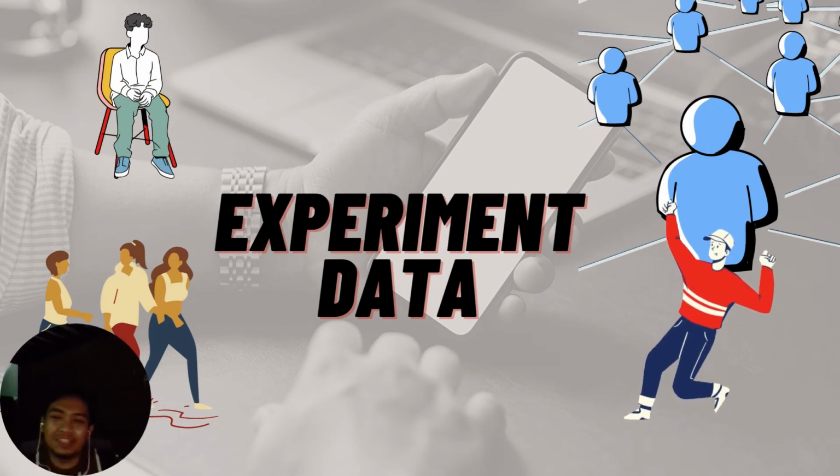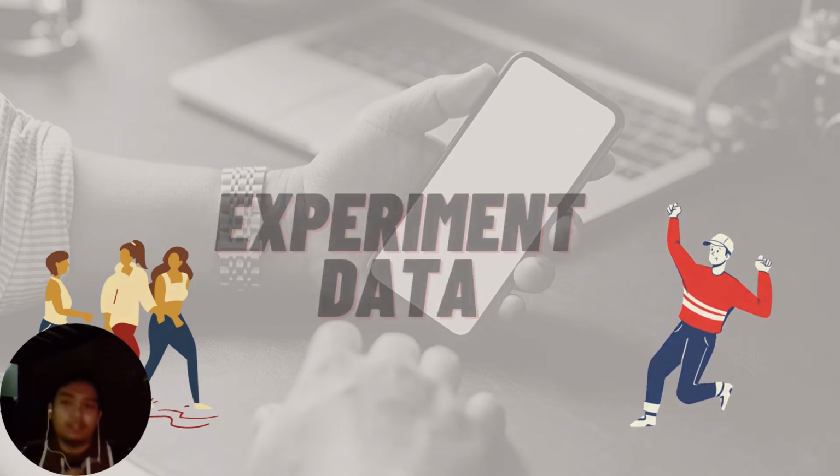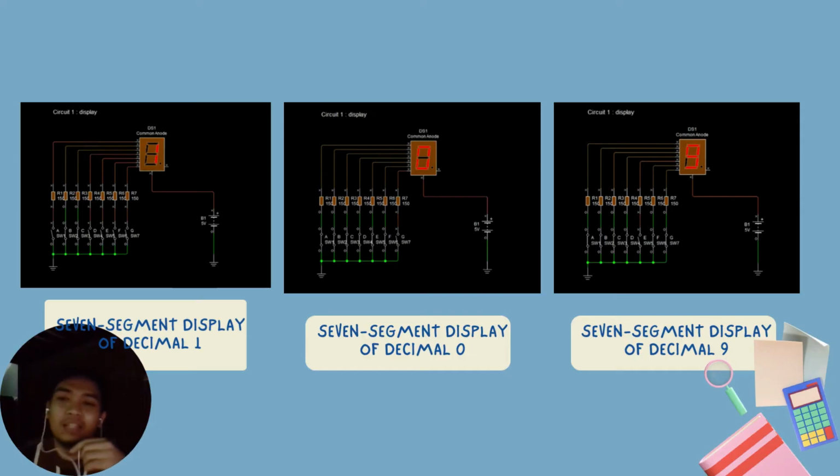So let's move to the experiment data that we got based on the simulation. There are 3 results when we run the simulation. The first one is the 7-segment display of decimal 1. Number 2 is the 7-segment display of decimal 0.